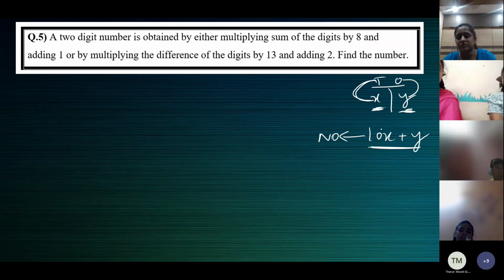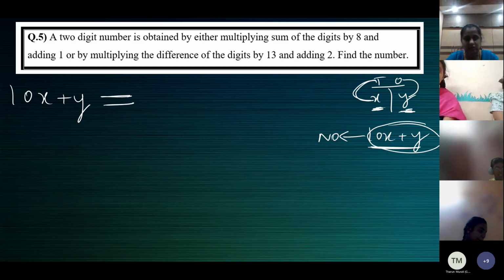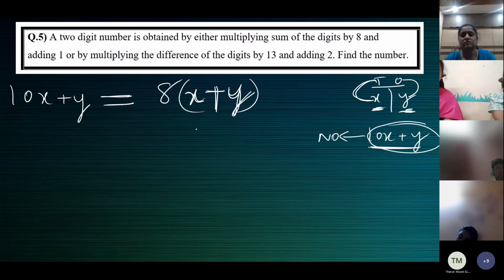A two-digit number is obtained, meaning got, either by multiplying the sum of the digits. What are the digits? x is one digit, y is the other digit. The sum of the digits is multiplied by 8, and adding 1.